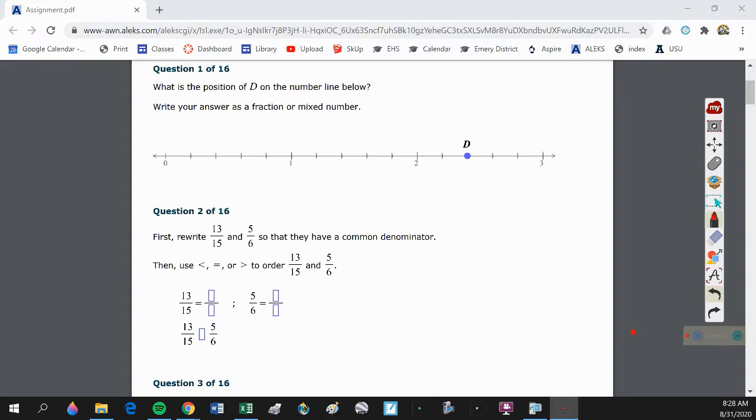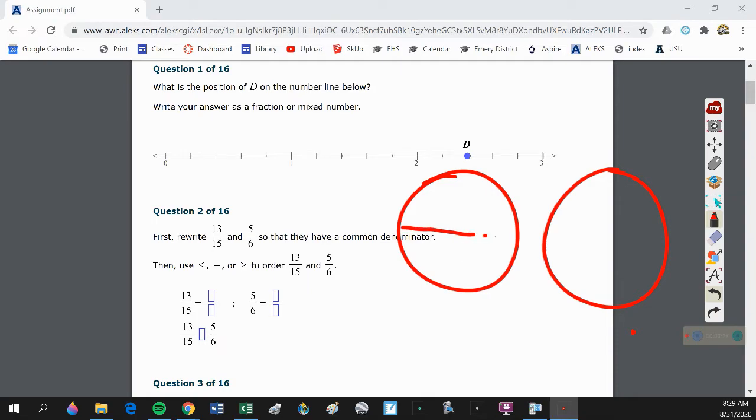Not multiply. You can actually multiply without a common denominator to add or subtract. So if I had 2 cheesecakes, oops, that didn't work out the way I wanted.